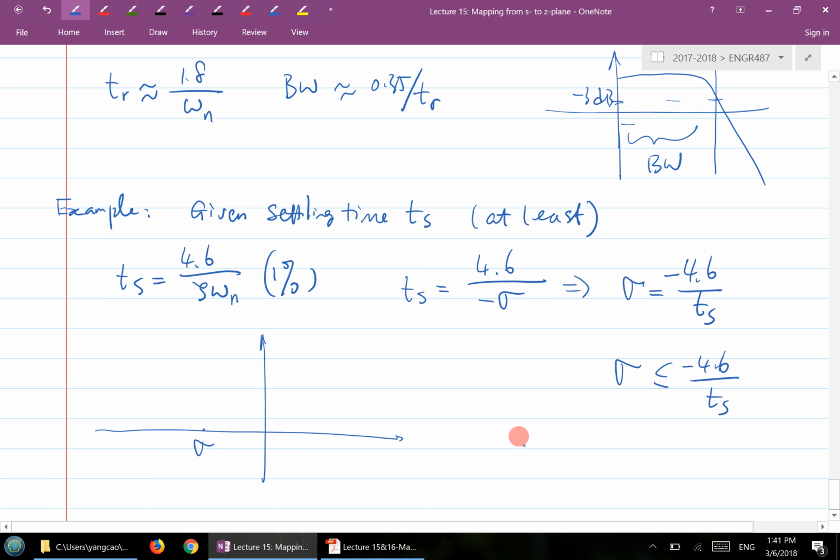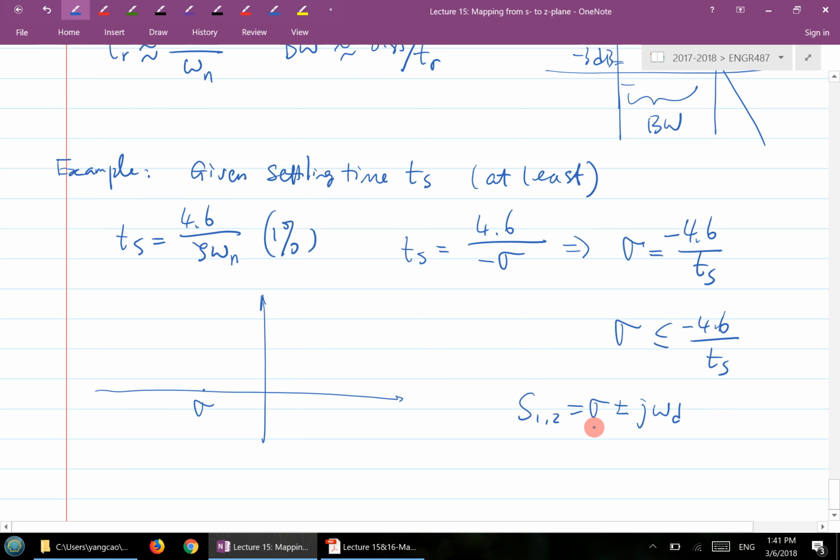Okay. So if you're going to design a system, here is your root. You're going to pick a sigma to satisfy the settling time Ts. So where would you pick the sigma?